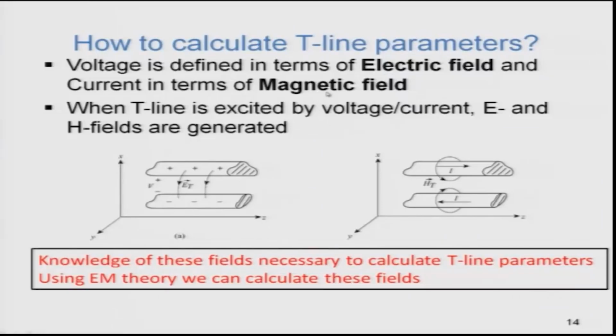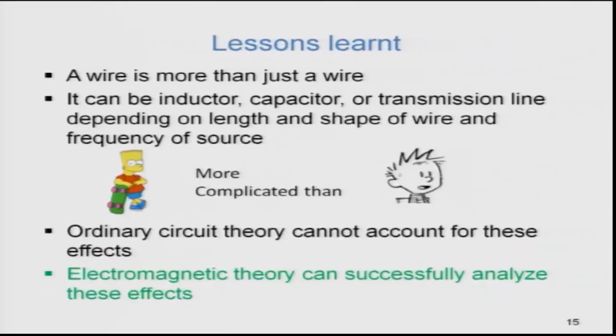So, if you want to calculate the inductance or capacitance of a transmission line, you need to study electric and magnetic fields. So, in order to understand where transmission line parameters come from, you need to understand electromagnetic theory.